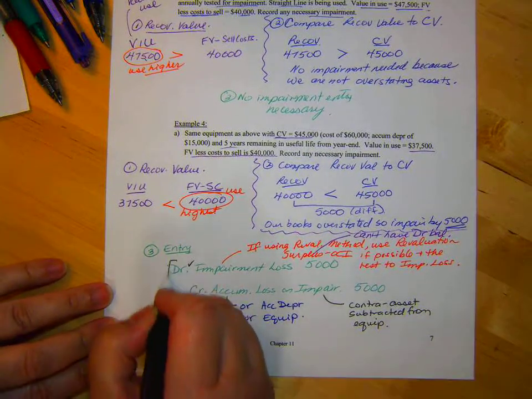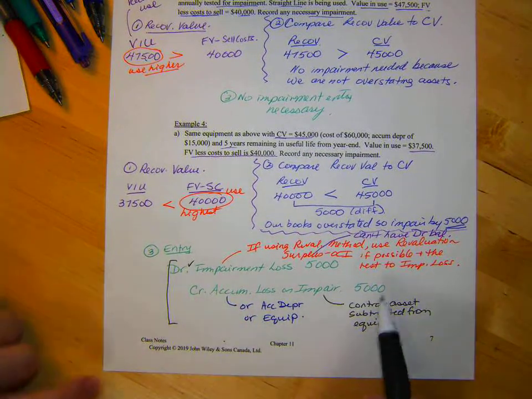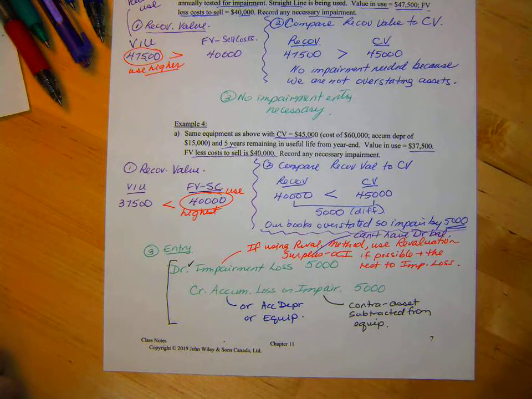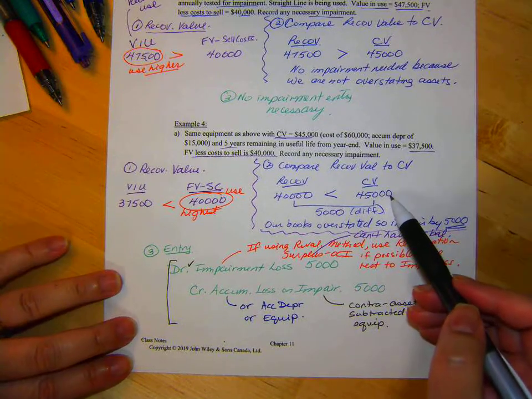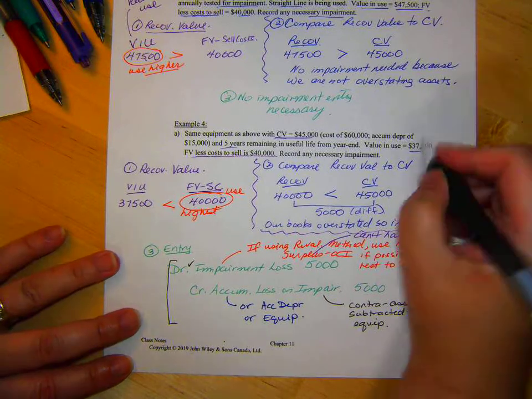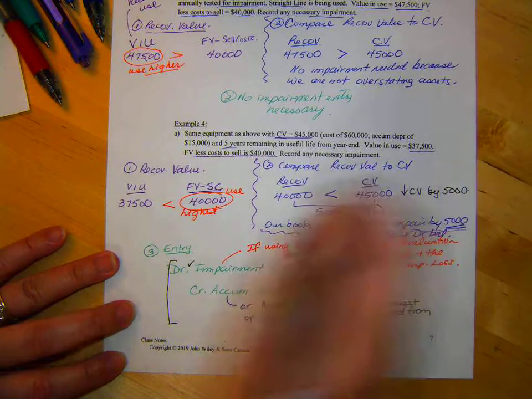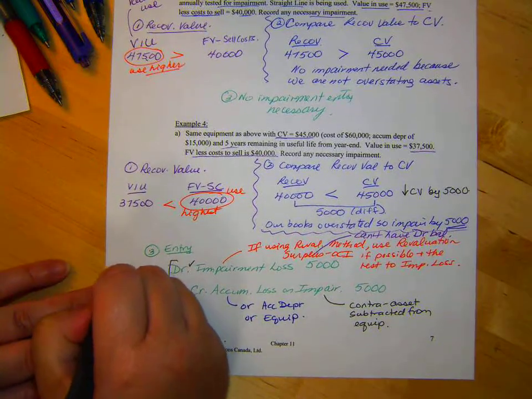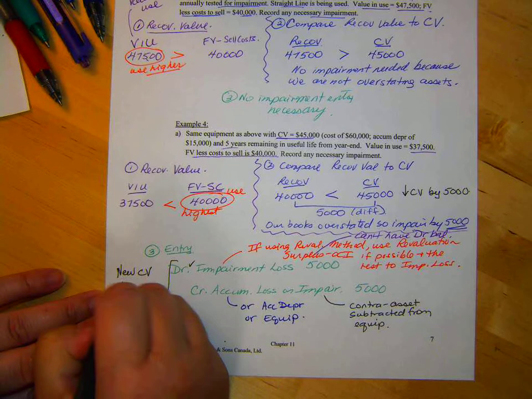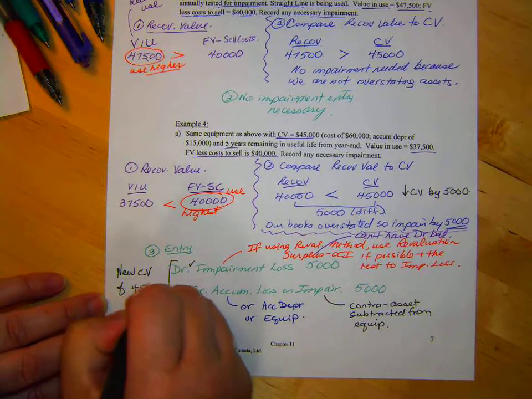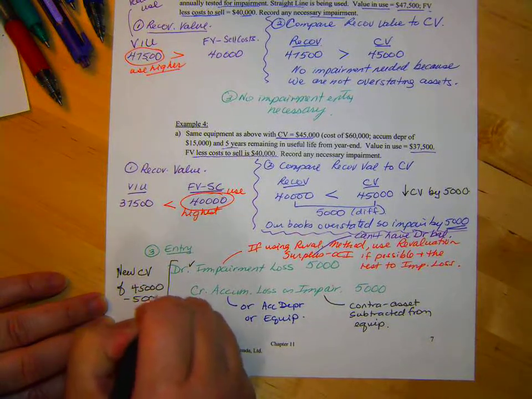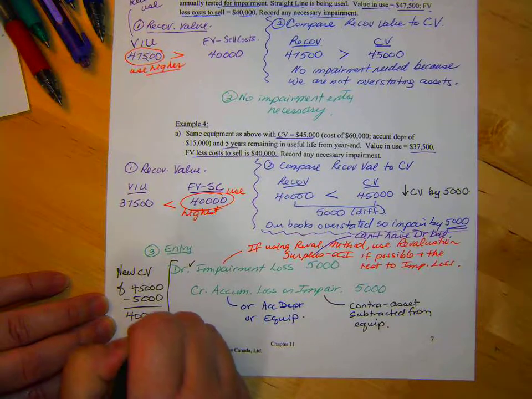Now, I want to draw your attention to one thing. Now that we've written this down, what's happened to the book value or the carrying value of this? This has gone down 5,000, right? We're going to decrease the carrying value by 5,000. So now we have a new carrying value of 45,000 minus 5,000 is 40,000.